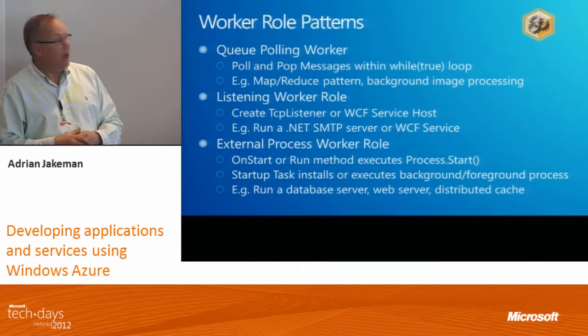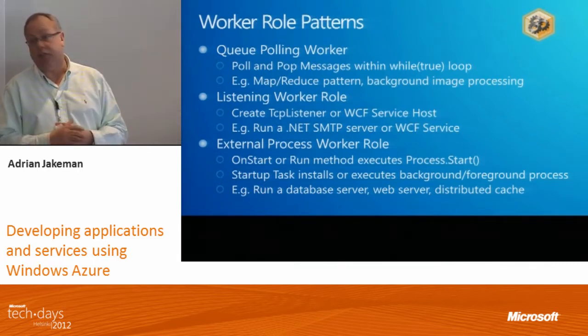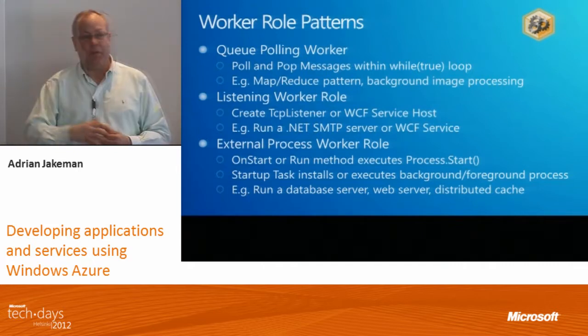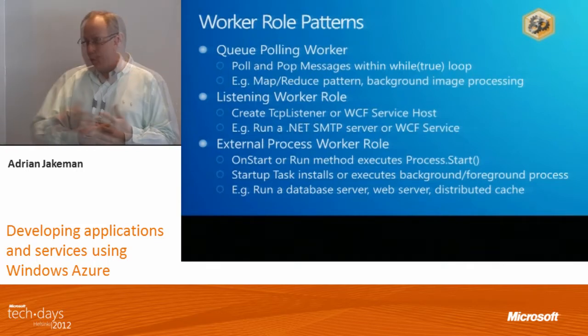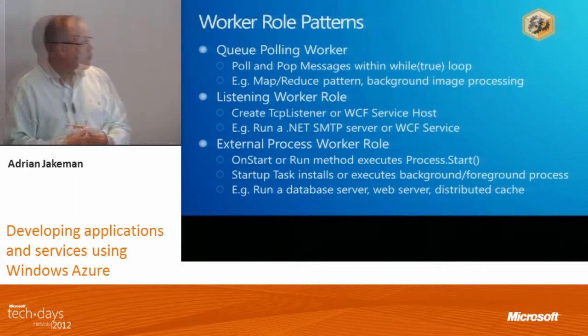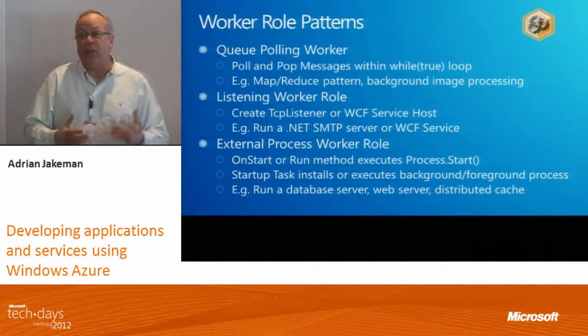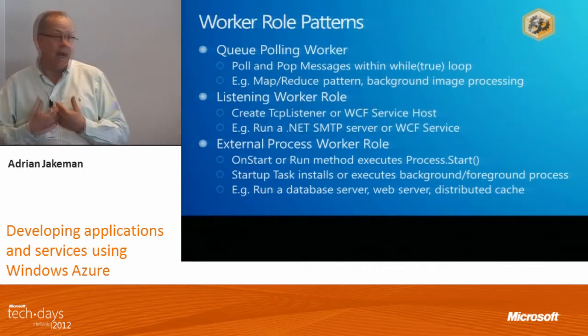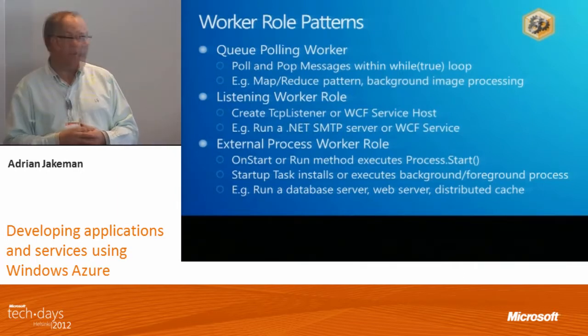We can have listening worker roles that usually make use of things like TCP listeners, for us to communicate with the worker role over TCP, passing information to that worker role, listening for that information coming in across TCP, and then taking some action. Sometimes we have these things called external process worker roles. Often they'll use startup tasks to really customize how the virtual machine in which they're running is going to behave.